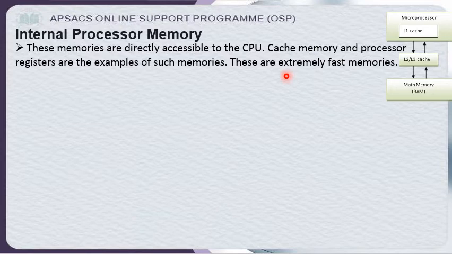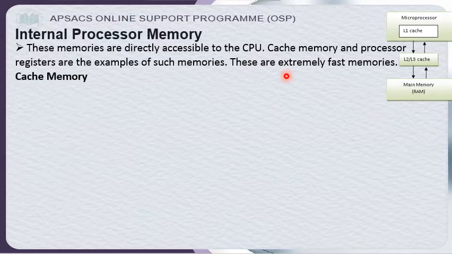If the cache memory is 256 KB, its price will be different. If it's 1 MB or 2 MB cache memory, its price will be different. These cache memories are small in size. Remember that the internal processor registers are of the same size, but the size of cache memory changes.